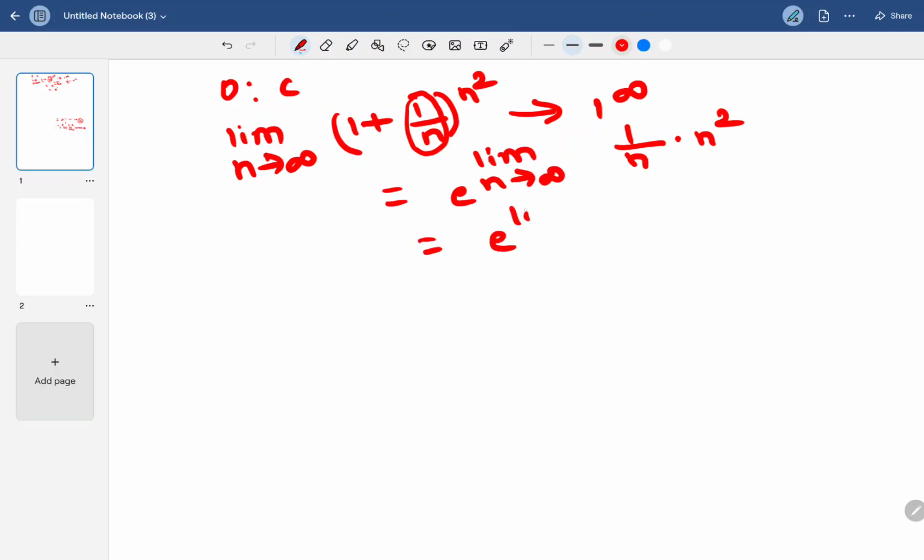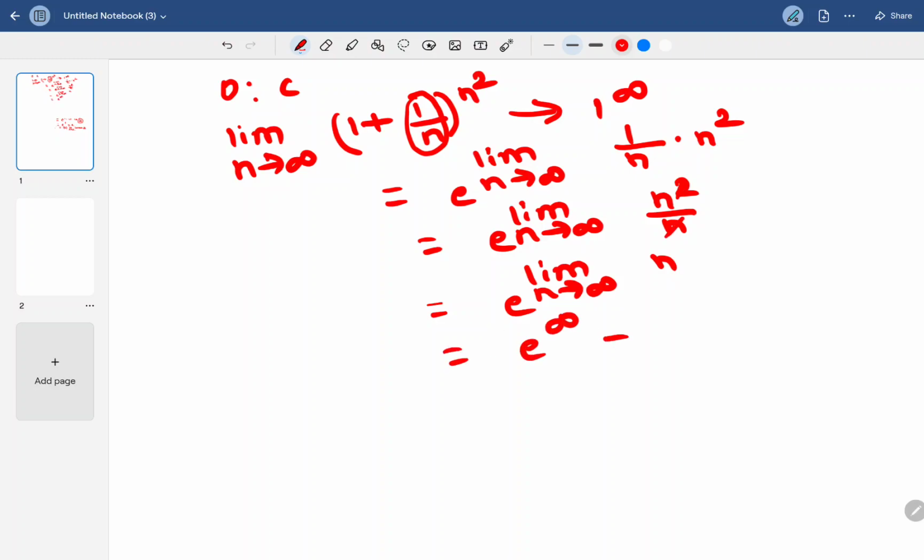This is nothing but e power limit n tends to infinity of n square by n, which is e power limit n tends to infinity of n. This is e power infinity, which is equal to infinity. Option C is not the correct option.